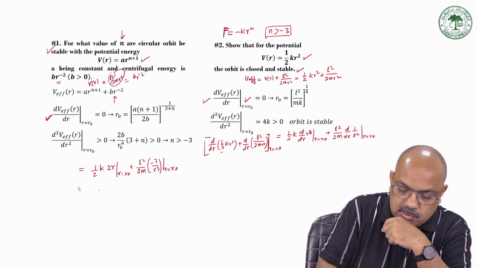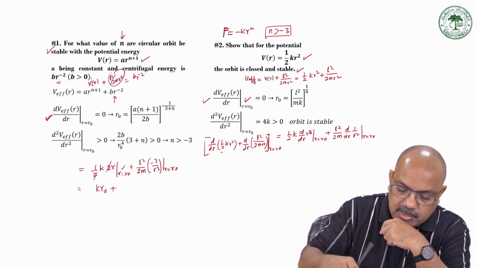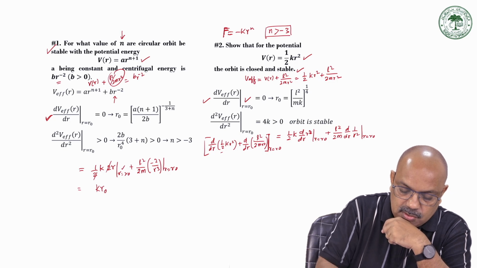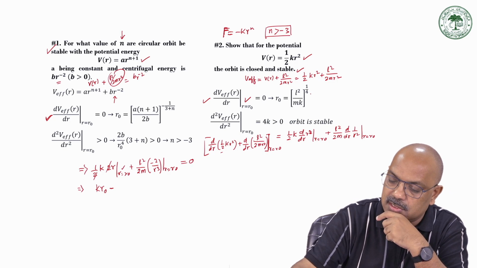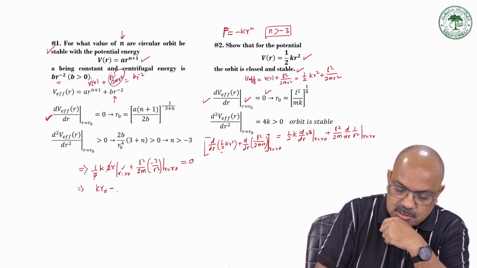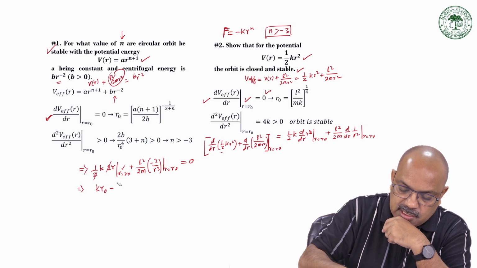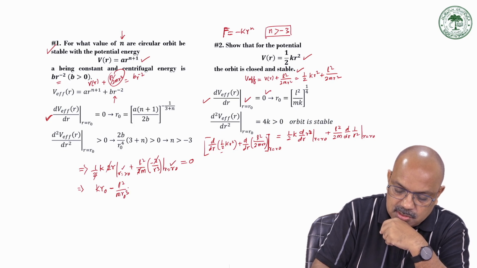So the 2 will cancel out, this is k r naught, plus, this is going to be minus, since this all is ultimately going to be 0. Twice will cancel out, so you have L square upon m r naught cube. Okay, this putting equal to 0.